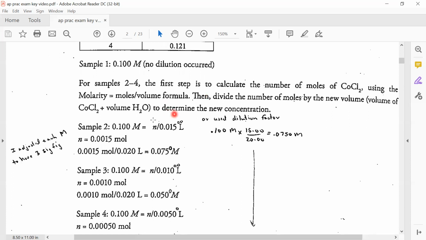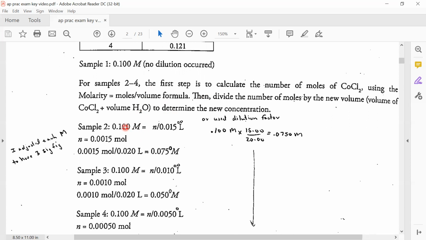Sometimes they're a little sloppy with sig figs, so I just adjusted it for the sig figs. I don't want to get tied up in that too much, but we had 20 milliliters, and it was 0.1 molar, and then I wanted to make 15 milliliters, so I put 15 milliliters of the 0.1 molar, and I put 5 milliliters of water.